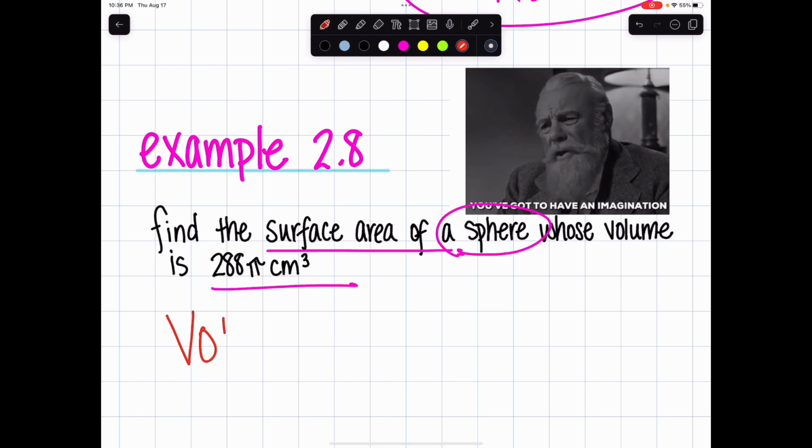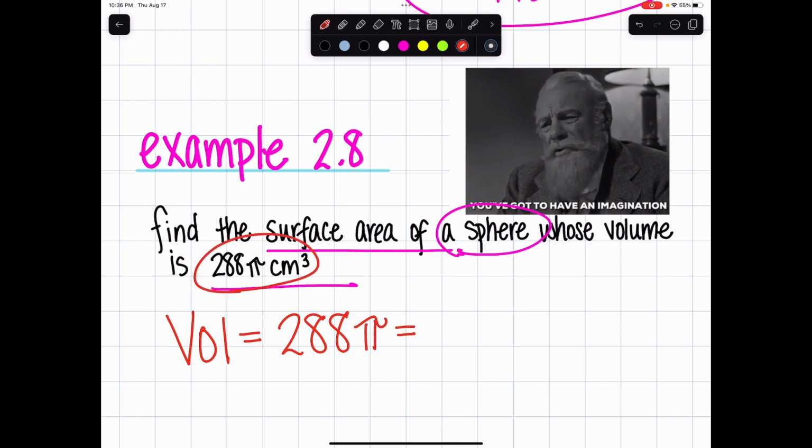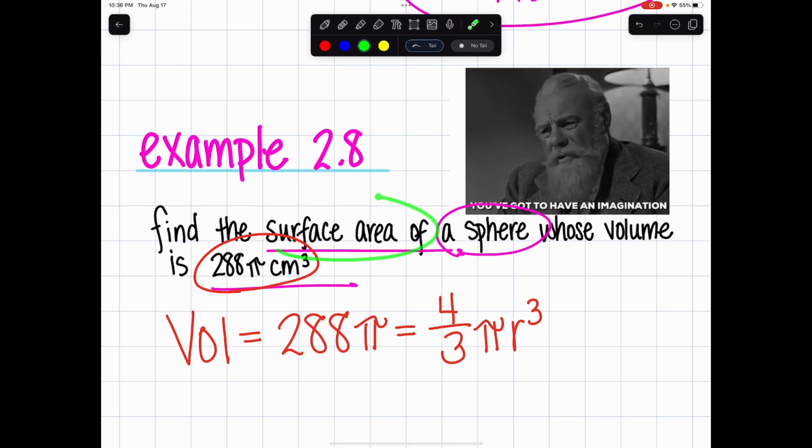So volume, which is equal to 288 pi, because that's what they just told you, is equal to the formula for volume, 4/3 pi r cubed. Okay, the only unknown here is r. So the reason that they told you the volume and you have to figure out the surface area is you need to use volume to go backwards, figure out what r is, and then you can use that r for the formula for surface area.